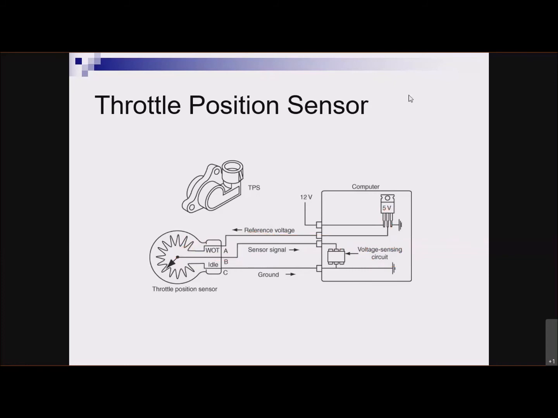If, on the other hand, my sensor, the wiper here, is pointing more here, closer to ground, right, then that 5 volts is going through all of this resistance here, right? And so most of the voltage has dropped by this point.